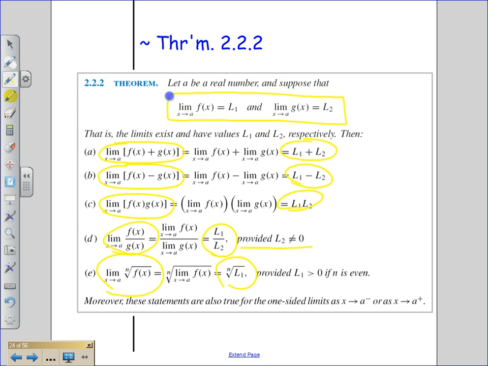I'm going to do a good example. So if I was to give you something crazy like the limit as x approaches, let's say 2. Yeah, like this. Well, technically it does work.